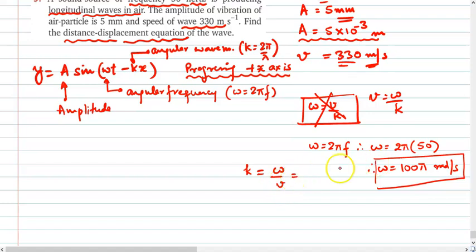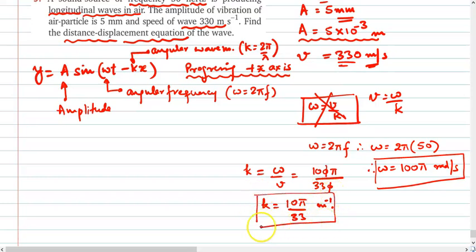So let's substitute omega as 100 pi and v as 330. So k comes out to be 10 pi by 33 per meter. So this is the value of k, we have got omega, we have got a. Let's substitute into the equation.